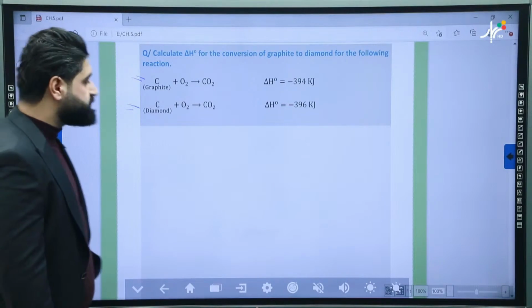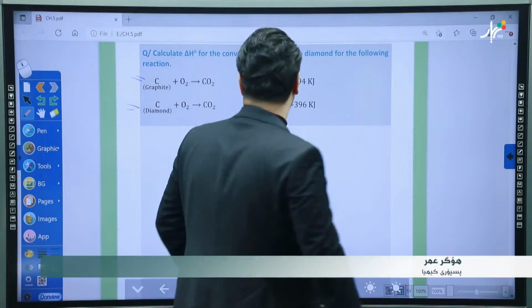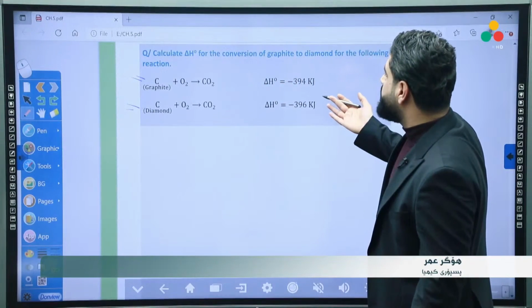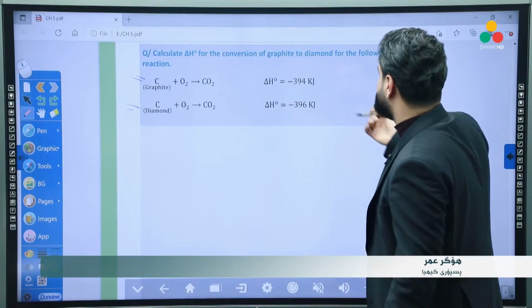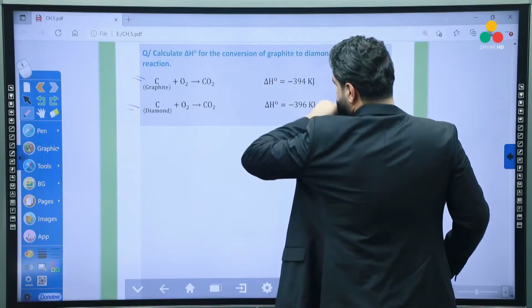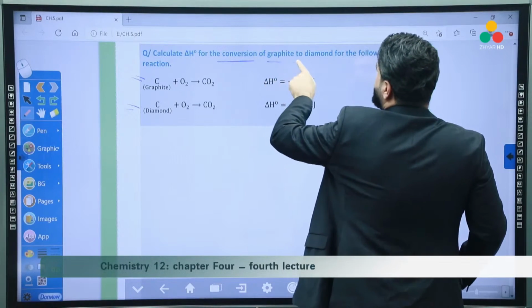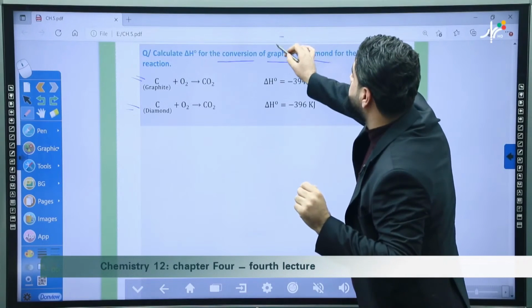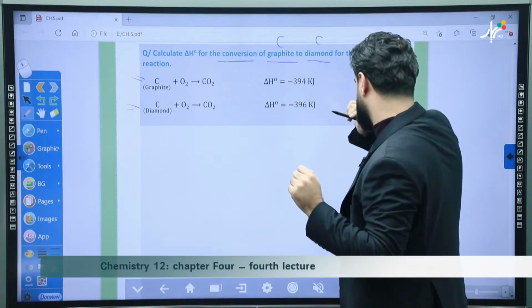Without the general equation, it's not possible to solve anything by Hess's law. So we have to work out the general equation. There's no combustion and no formation, but conversion of graphite to diamond. You must know that graphite is carbon, and diamond is carbon also.